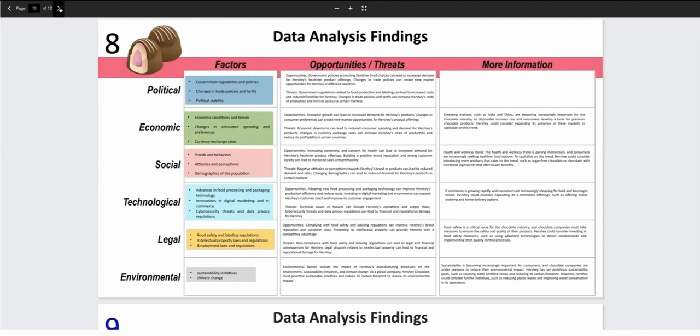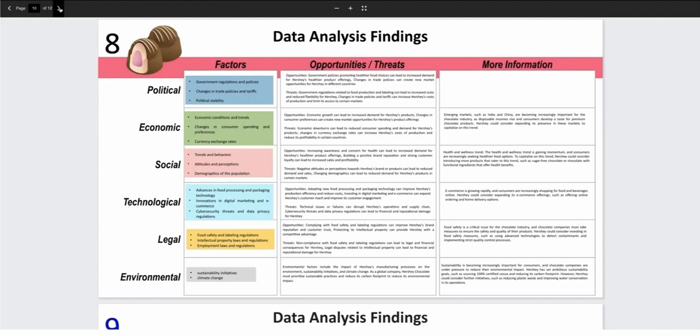As an example, for the economic branch, you have been looking into factors such as economic conditions and trends, currency exchange rates, or changes in consumer spending and preferences. You also looked into opportunities and threats, where the opportunities are the following.